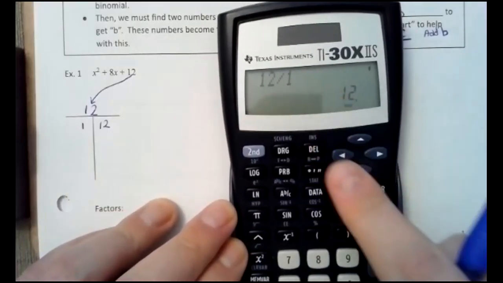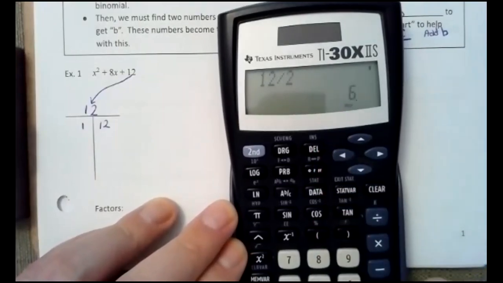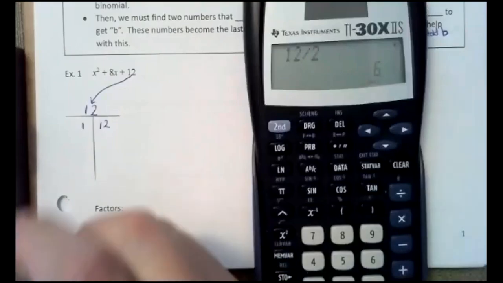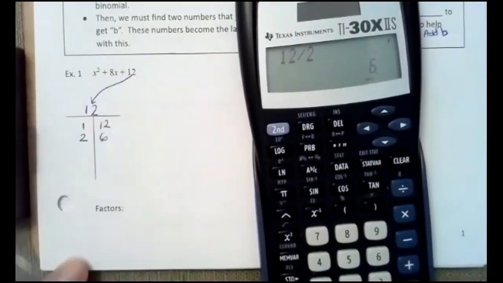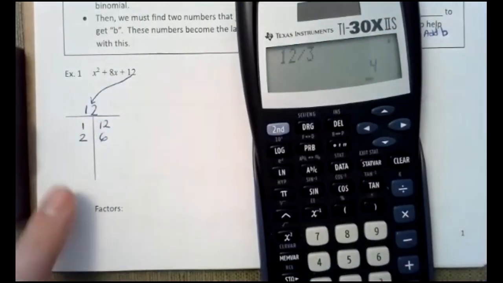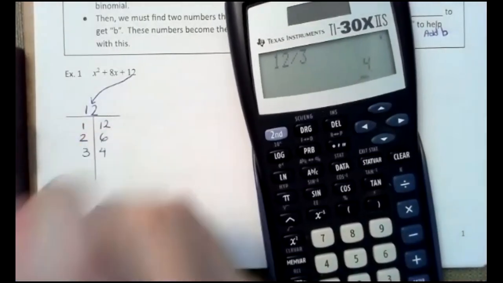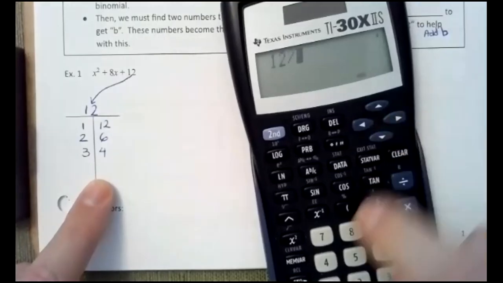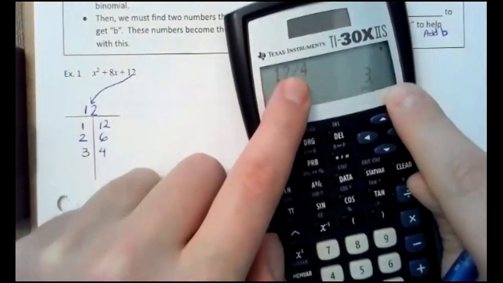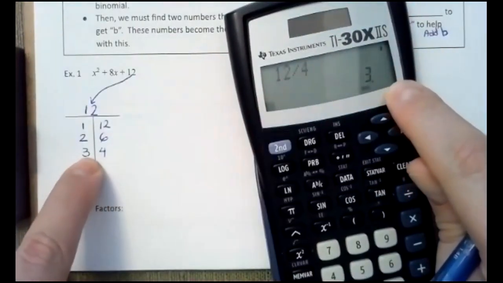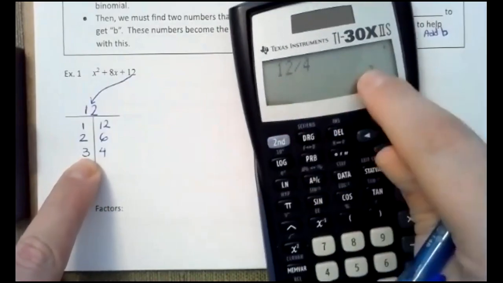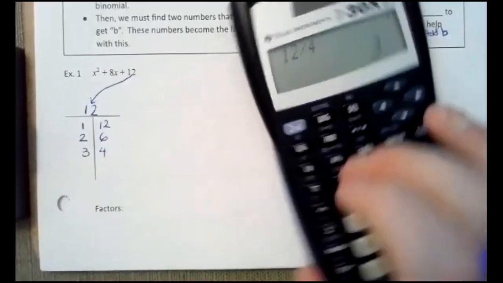So 1 and 12. Backspace it. 12 divided by 2, 2 and 6. So I'll put 2 and 6. 12 divided by 3, 3 and 4. 12 divided by 4, 4 and 3. But 4 and 3 is the same pair of numbers. I don't want to list 4, 3 because they're the same numbers.